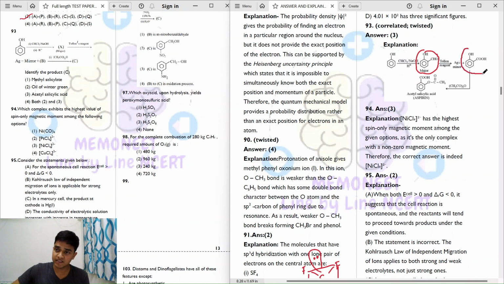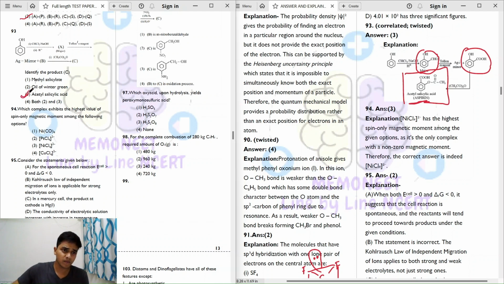So we'll get salicylic acid, and when that is reacted with acetic anhydride, this is the mechanism for the preparation of aspirin. So final product C will be acetyl salicylic acid, which is also known as aspirin. So the correct answer will be option 3.